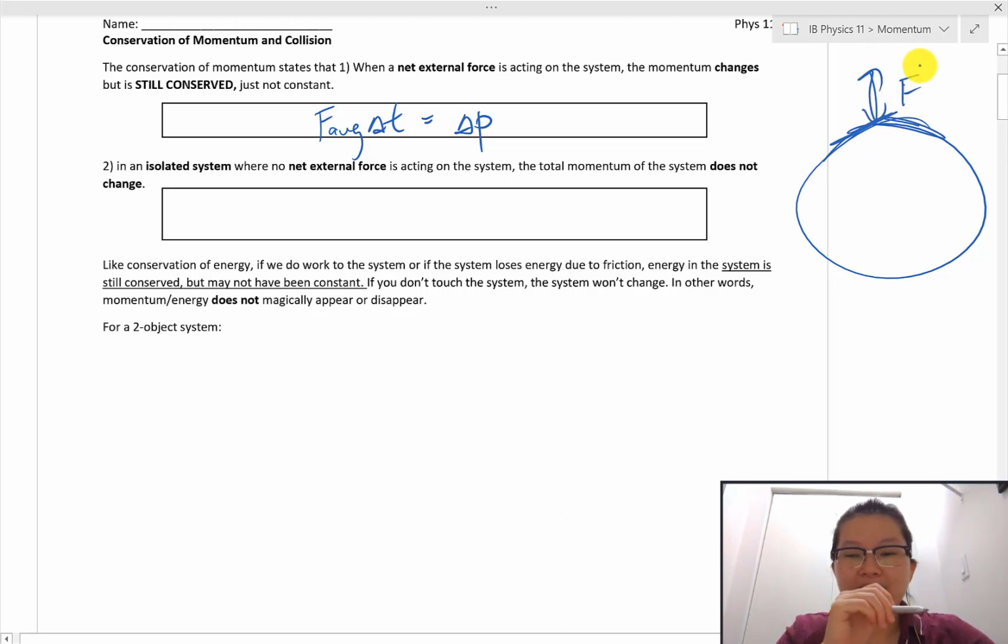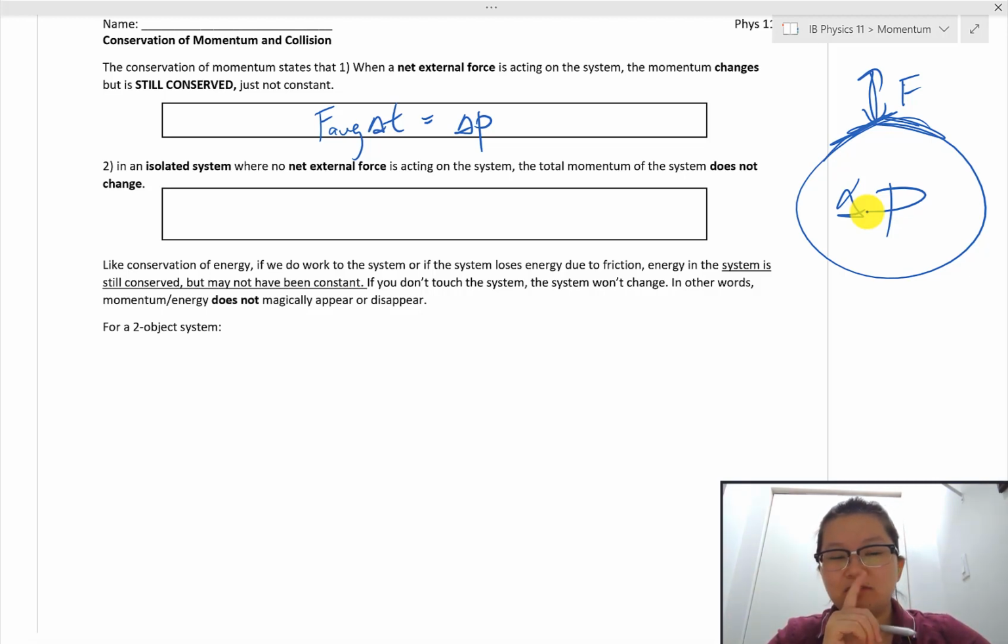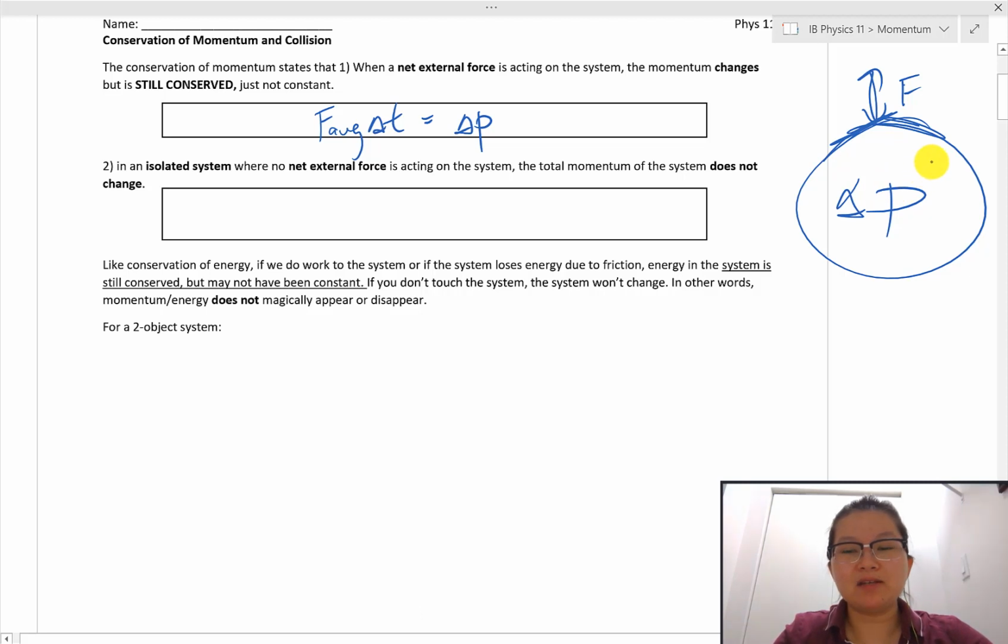As a result, my system will have a change in momentum. You might think that in this case, momentum might not be conserved, but let's be very careful. In this particular case, the momentum in my system does not stay constant, but that doesn't mean my momentum is not conserved. So be very careful.